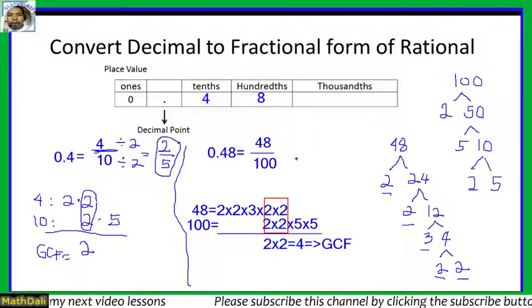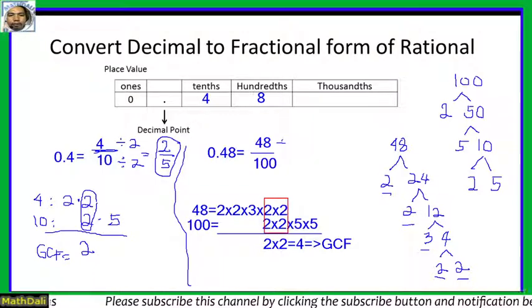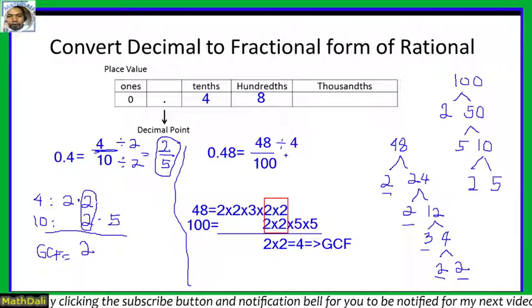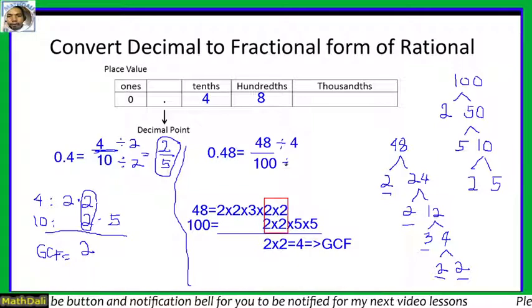At yan yung i-divide natin dito. So, di-divide natin yung 48 ng 4. Yan, divide natin to ng 4. Ganon din yung 100. So, 100, divide nyo rin yan sa 4.